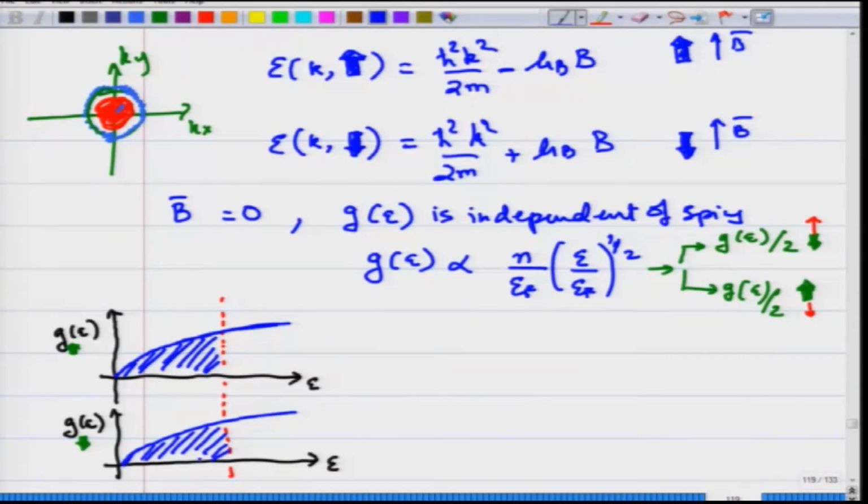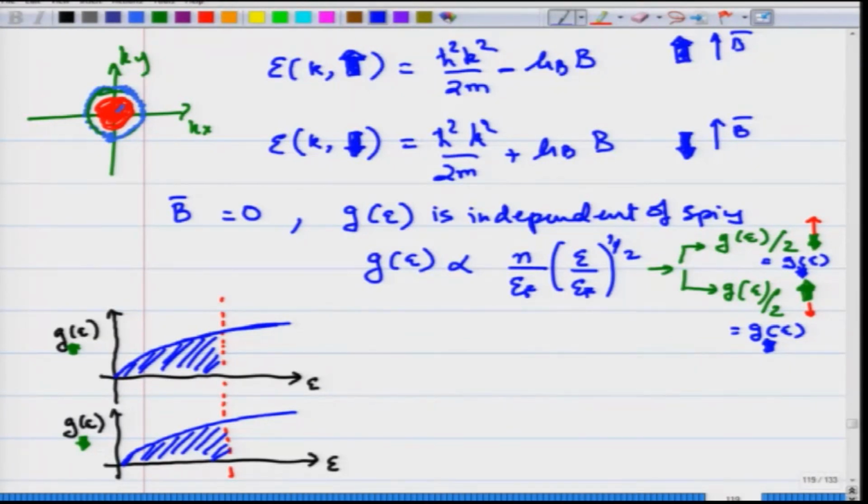This is the density of states for spin down, namely g of E for magnetic moment down, and this is the density of states for magnetic moment up. I have just plotted that both of them are going to go as E raised to half, and it is equally distributed, half the number of particles spin up, half spin down.